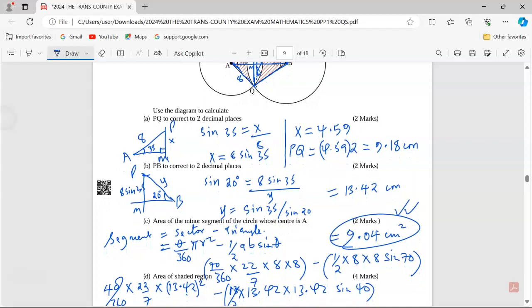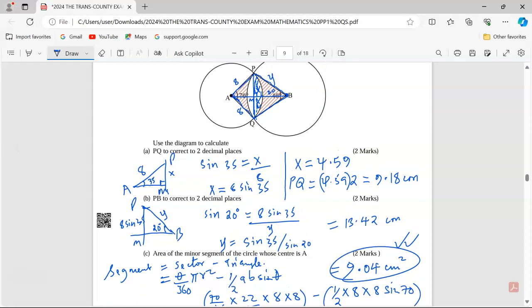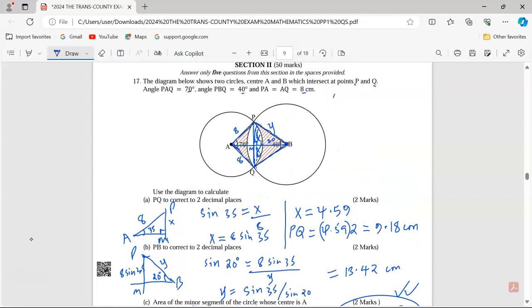The first triangle, which is APQ, has an area of 30.07 square centimeters.